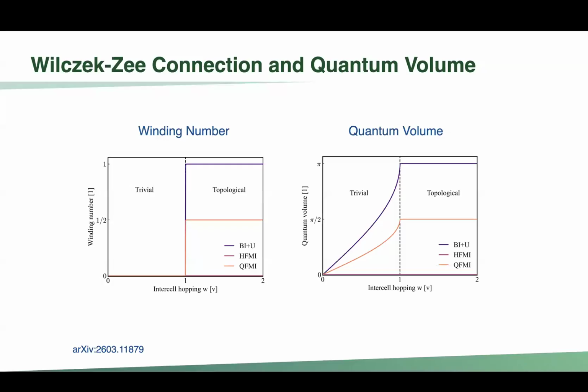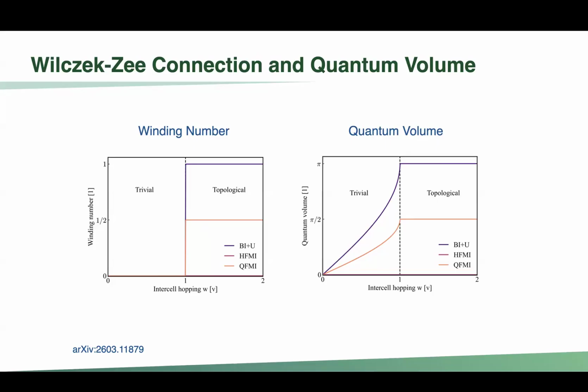So it happens that with the winding number from Wilczek, we get, as a function of the intercell hopping, a region where the outward chain is trivial and a region where we find topological windings.